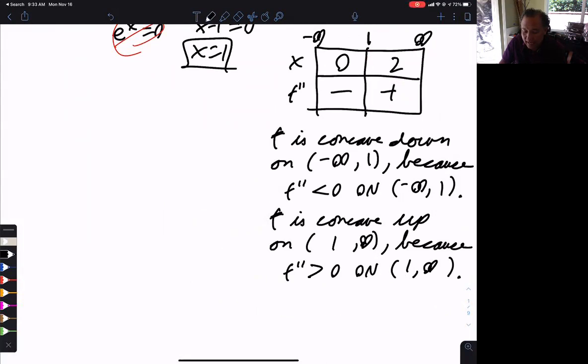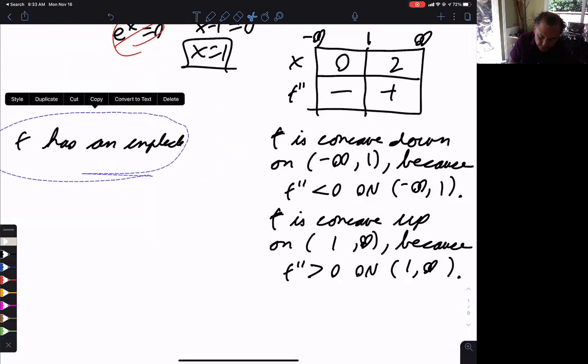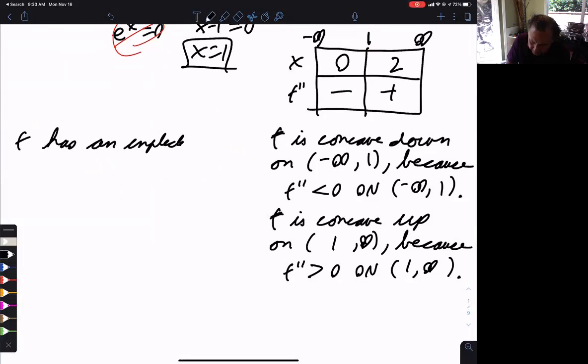Now, the last thing they ask for is inflection points. Inflection points occur when the second derivative changes signs, and it changes signs at 1. It went from negative to positive. So I would say f has an inflection point, whoa, I ran out of room. Inflection.